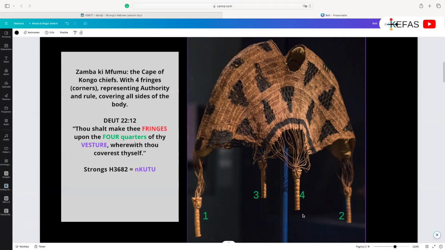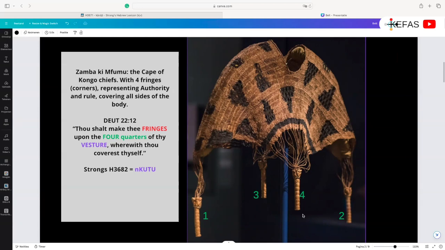So in Deuteronomy 22, verse 12, in wearing the fringes, as demonstrated on the screen, in the four corners, the chief spiritually is marking himself.